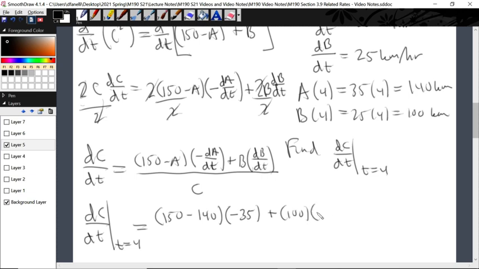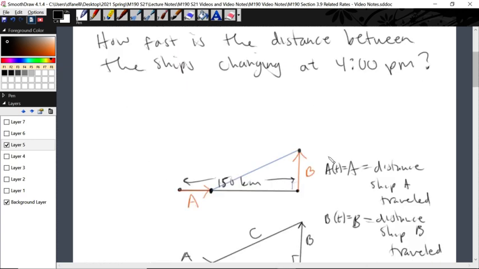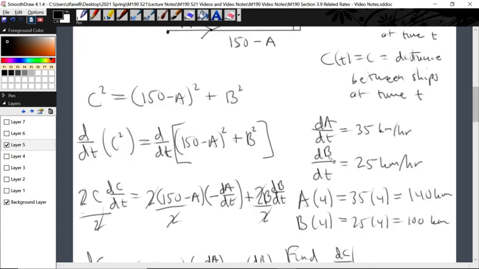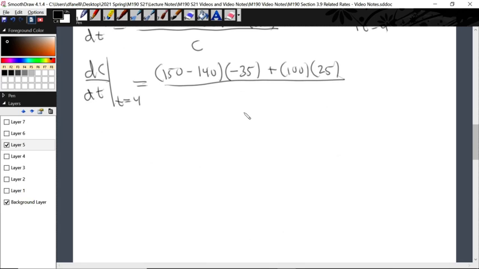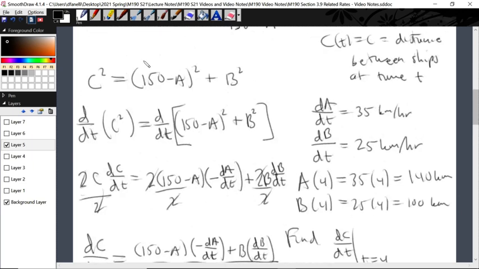Well, dB/dt was constant at 25, and then C at 4, the distance between them. Did we have that before? I haven't solved for that yet. So C of 4, we can find from this equation here.